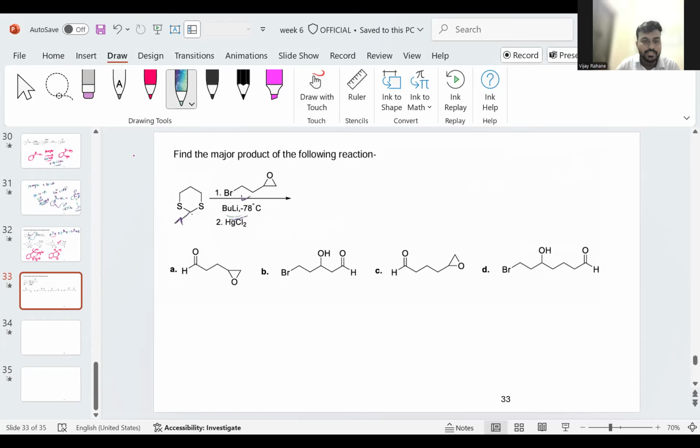And here, if you look at here, there are two protons again at this position. So basically, butyl lithium removes the one proton, and here you get this negatively charged.